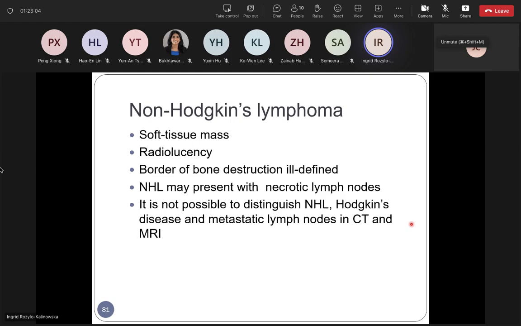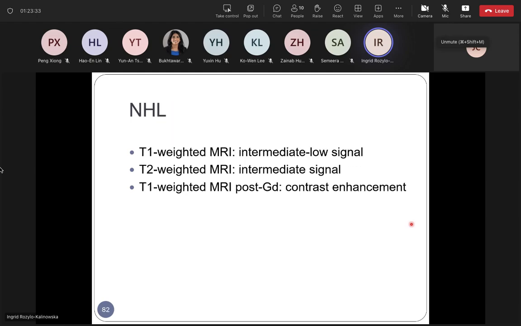And it's a soft tissue mass which is radiolucent. It does not produce any bone, it does not produce any periosteal new bone formation. It may look like necrotic lymph nodes, so definitely more diagnostic imaging is required to make a diagnosis of non-Hodgkin's lymphoma than just plain X-ray.